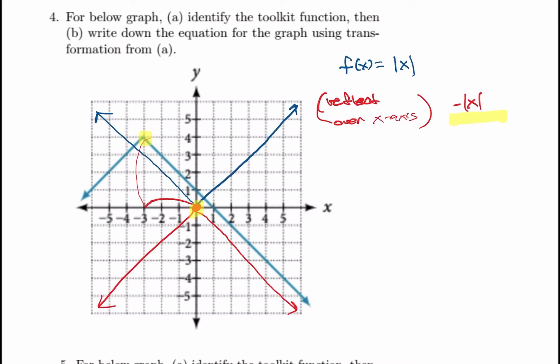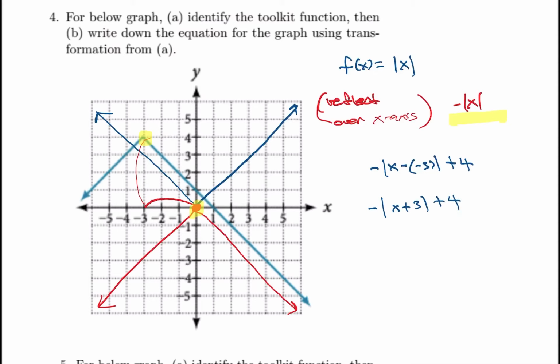So how do we write that? From negative absolute value of x, we subtract negative 3 for going left, and add 4 to go up. So to simplify, we have negative absolute value of x plus 3, plus 4.